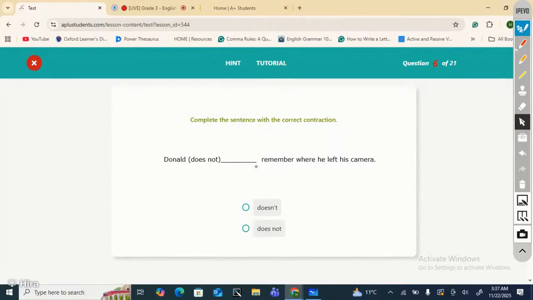Yes, it's option one. Doesn't. Does not becomes doesn't. No change in the spelling of the verb, but in the word not, letter O is left out.